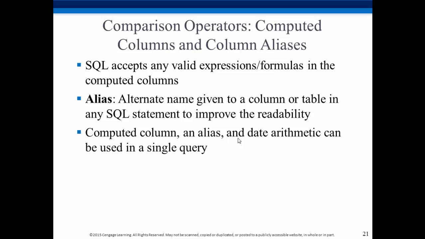Alright, so if we look at using computed columns and aliases, and we want to select P_DESCRIPT, P_QOH, P_PRICE, and P_QOH times P_PRICE from the product table.